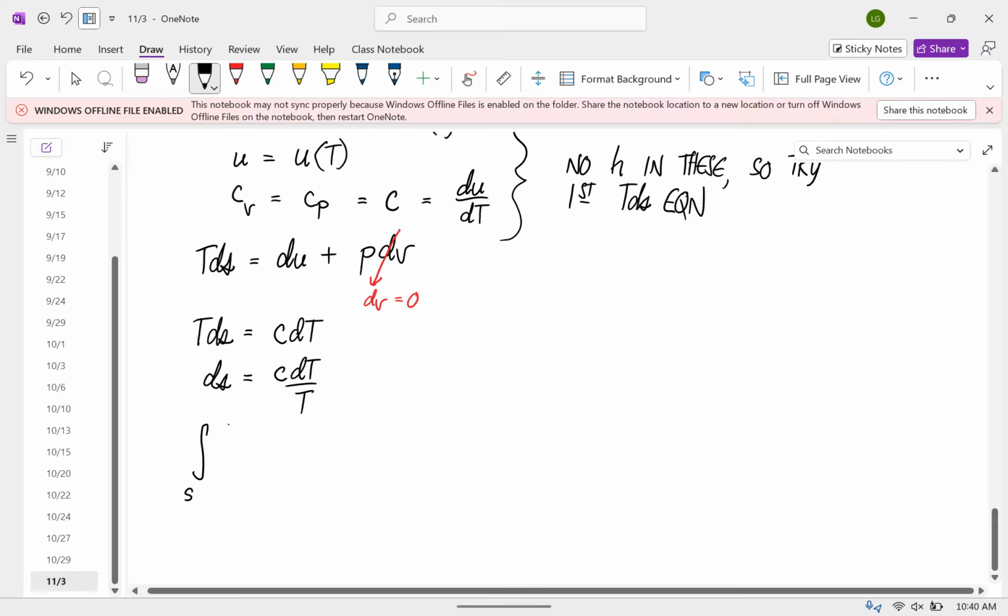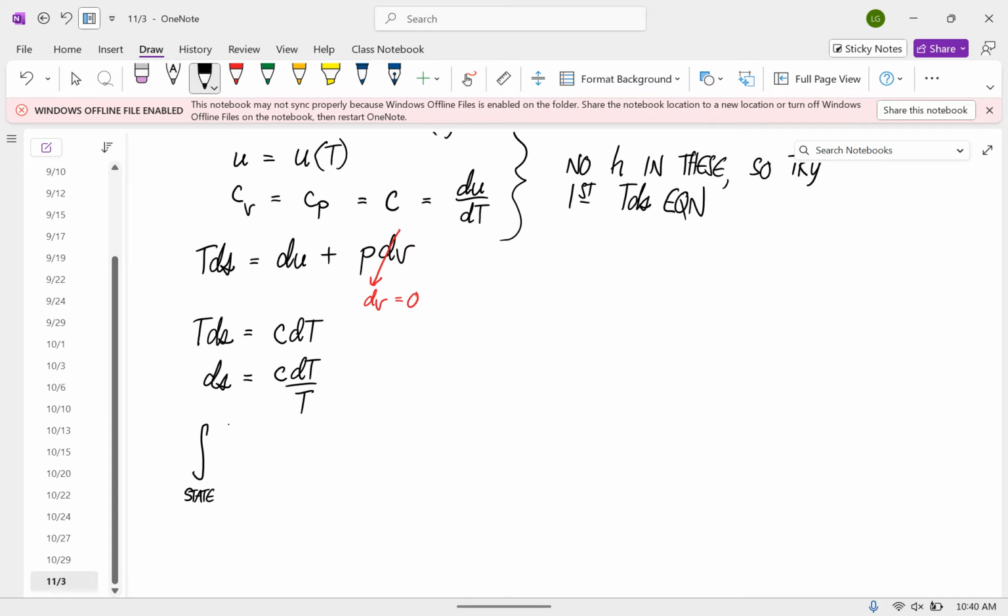So the integral from state 1 to state 2 of ds is equal to c times the integral from state 1 to state 2 of dT over T.